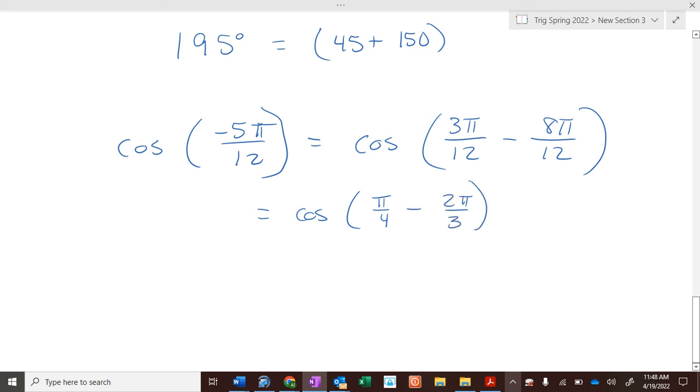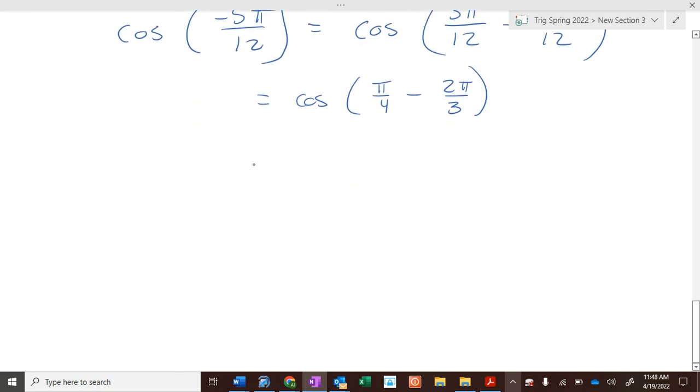And those are both on the unit circle. So then we go cosine, cosine, plus sine, sine. So the cosine of pi over 4, cosine of 2 pi over 3, sine of pi over 4, sine of 2 pi over 3.